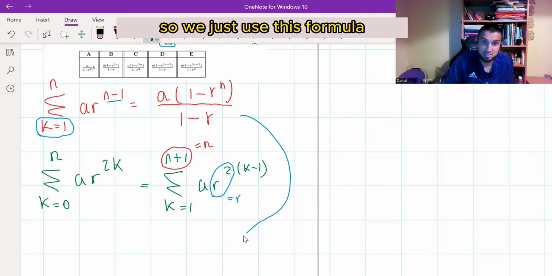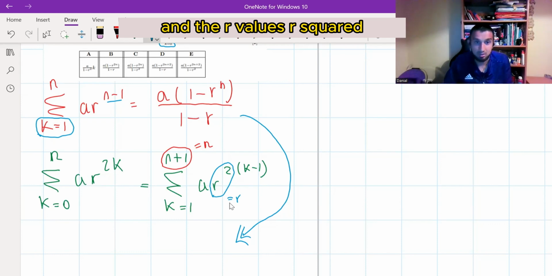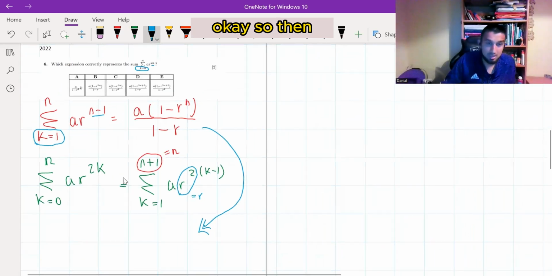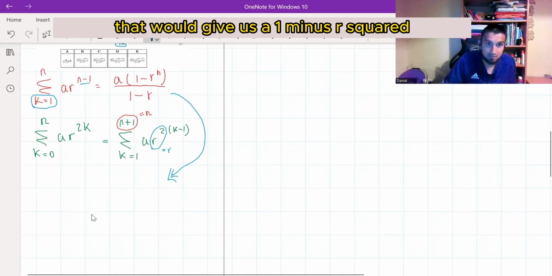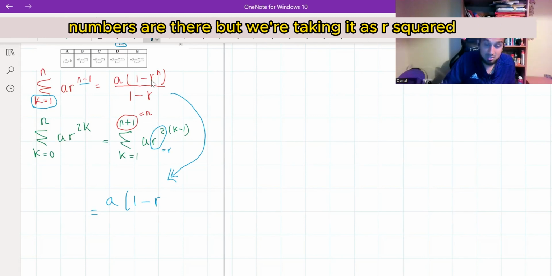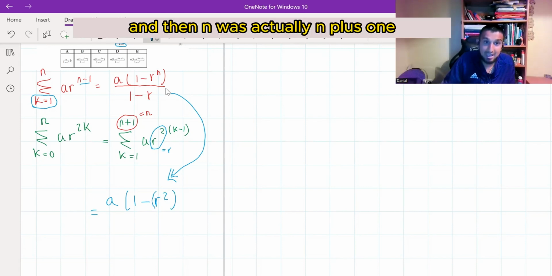So we just use this formula, but with the n value as n plus 1 and the r value as r squared, okay? So then that would give us a(1 minus r squared. Remember, it's r there, but we're taking it as r squared. That's the way we got it. And then n was actually n plus 1.